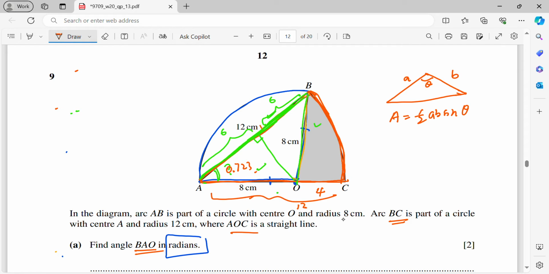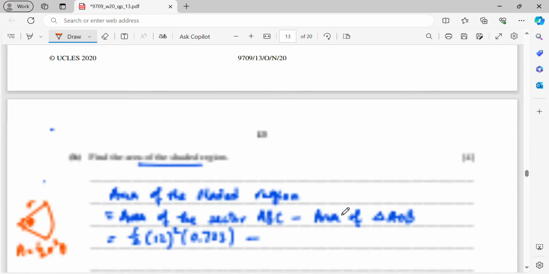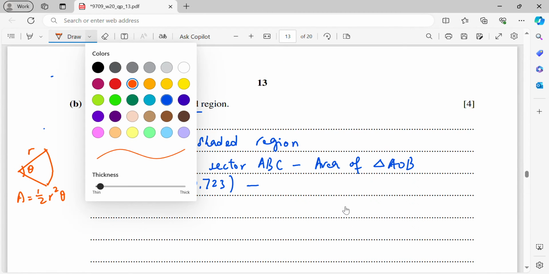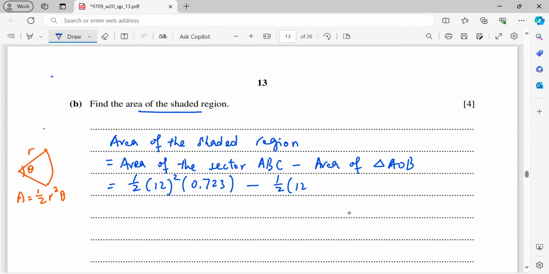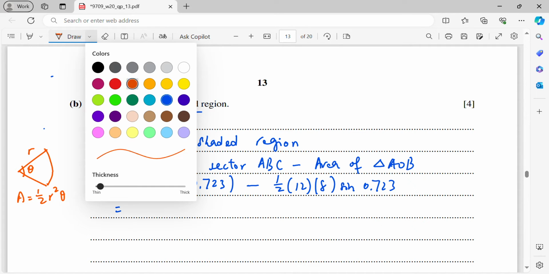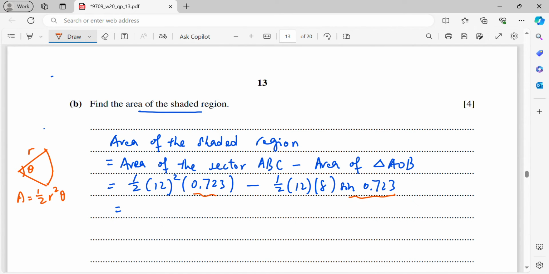So I will use this formula to get the area. I'm using half times 12 times 8 times sine 0.723. Remember, when you calculate this, the angle will be in radians. Make sure your calculator is set in radians mode.